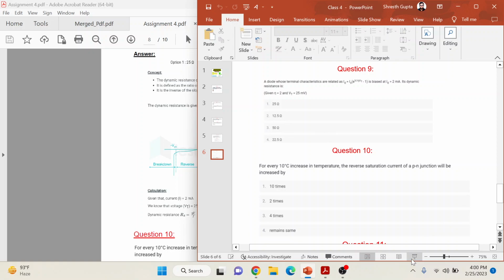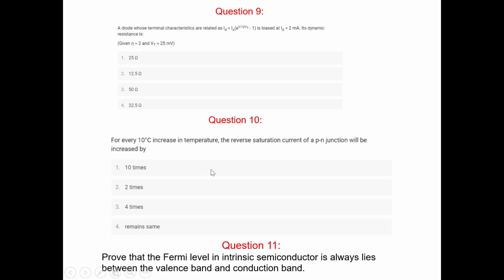Okay, now the second last question of today: for every 10 degrees centigrade increase in temperature, the reverse saturation current of a PN junction will be increased by 10 times, 2 times, 4 times, or it remains the same. I'm giving you 5 minutes to answer me.